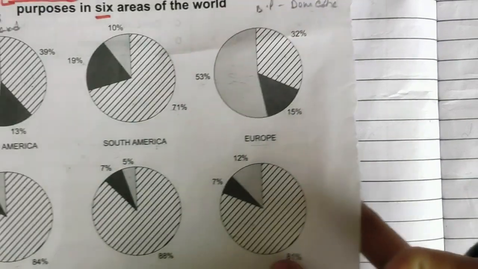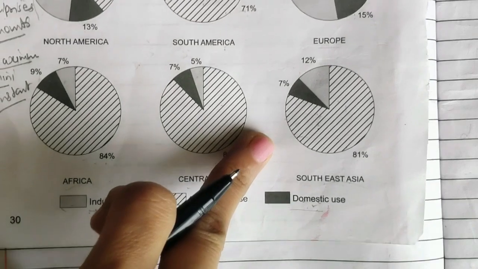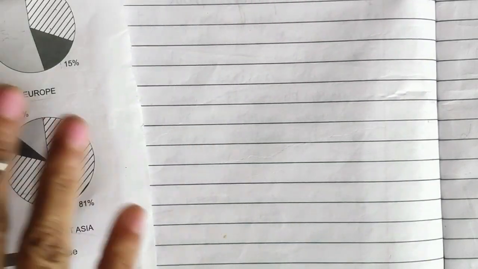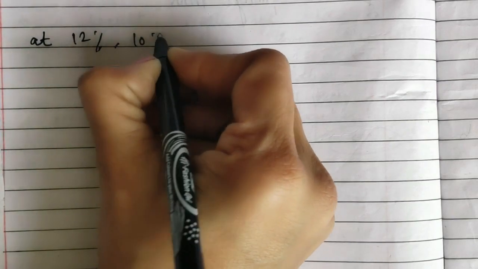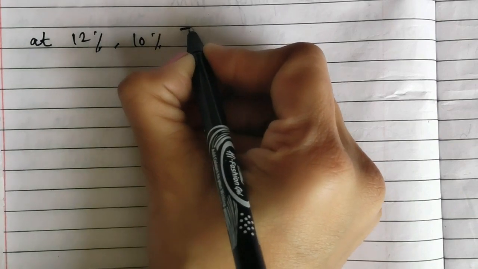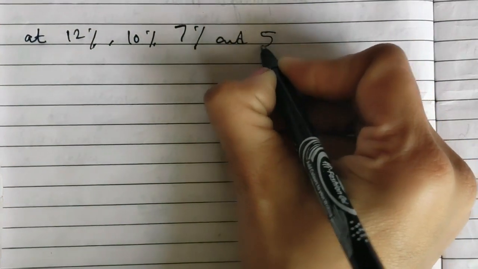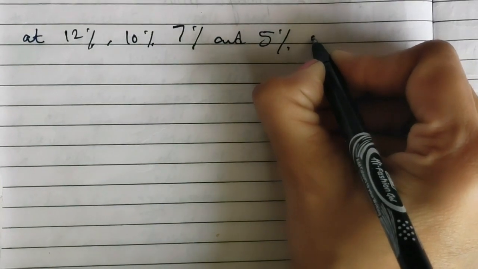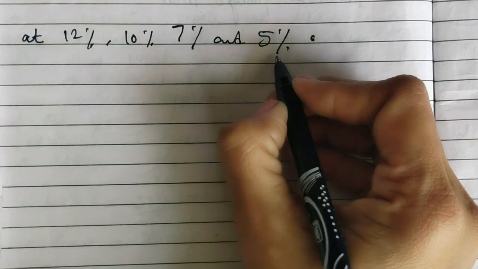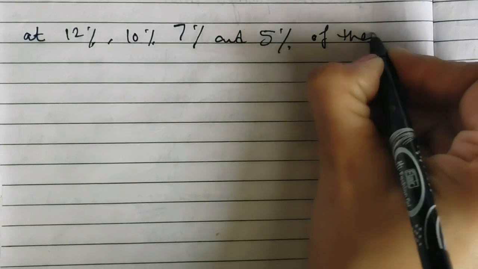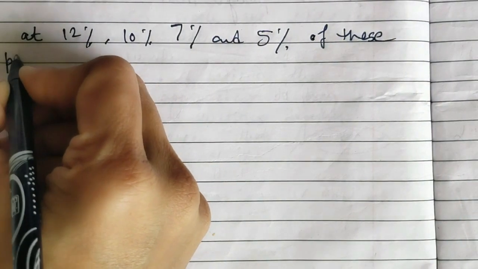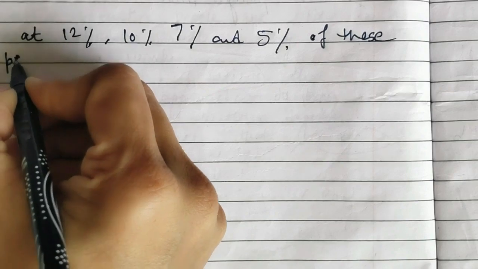Here we have 10, 12, so around four continents at 12%, 10%, 7%, and 5% of these parts of the world.